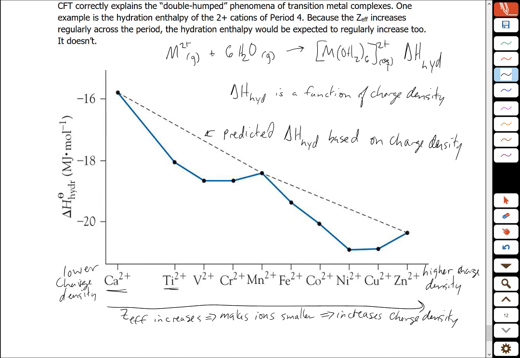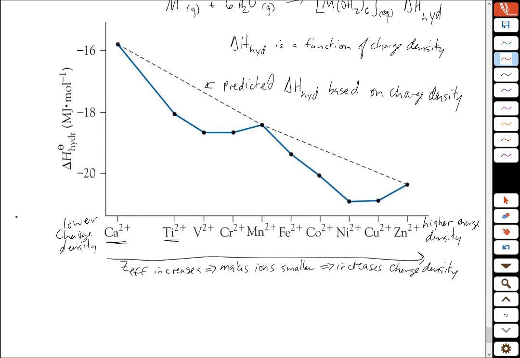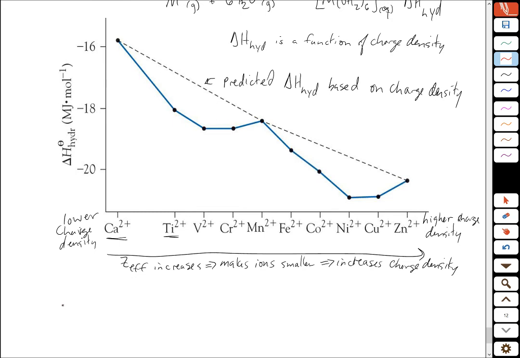And you can see that it has this very characteristic shape that we actually call the double humped phenomenon. Okay, because there are two humps on there. And what we see is that the hydration enthalpy, that there is extra energy released when these complexes are formed. Okay, I'm going to write it here.